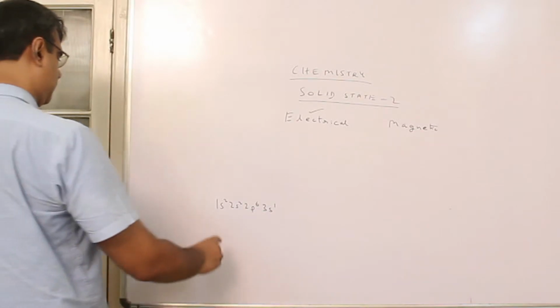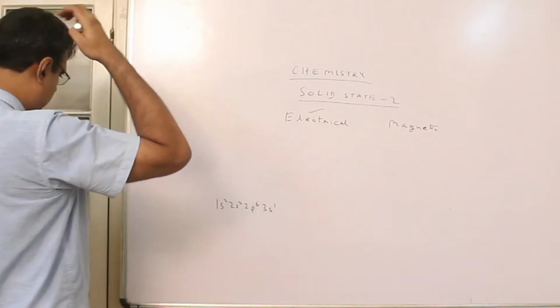The electronic configuration of sodium is 1s2, 2s2, 2p6, 3s1.